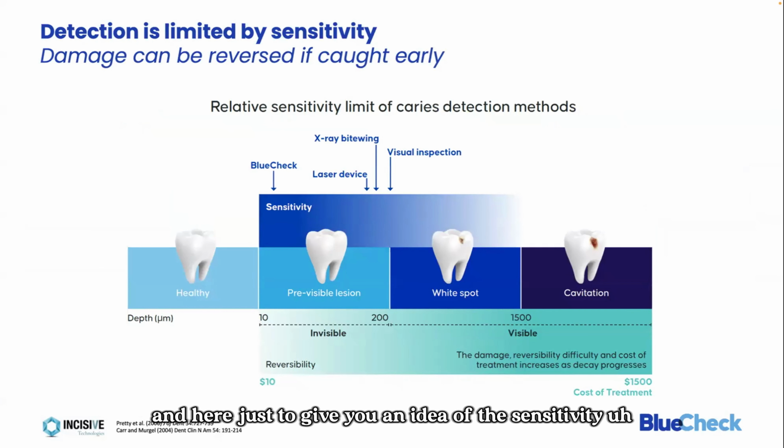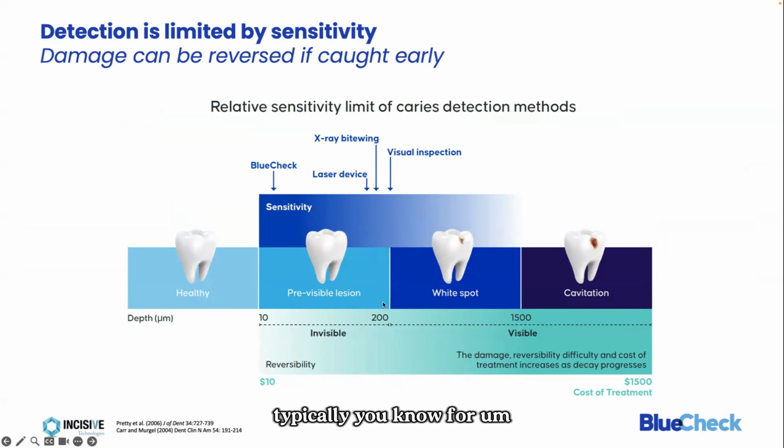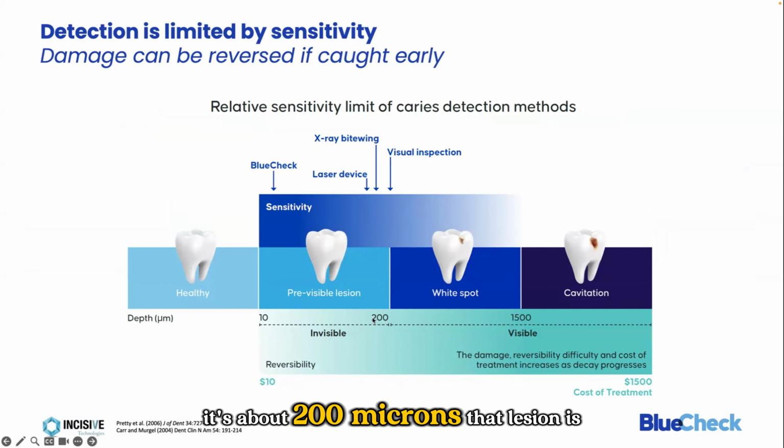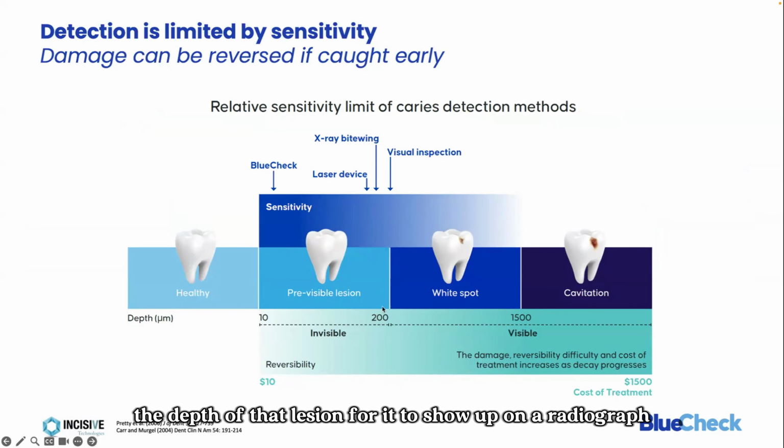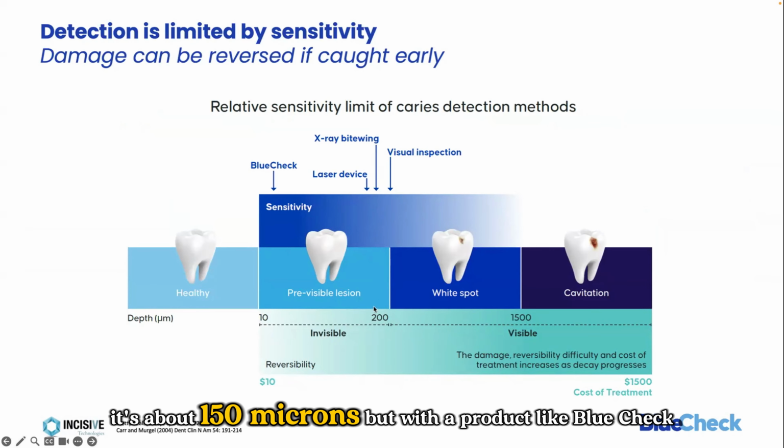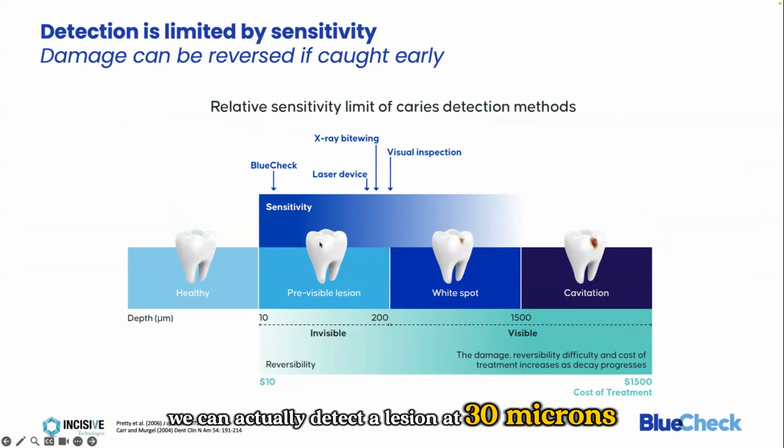And here, just to give you an idea of the sensitivity, typically for a visual white spot, it's about 200 microns. That's the depth of that lesion. For it to show up on a radiograph, it's about 150 microns. But with a product like Blue Check, we can actually detect a lesion at 30 microns.